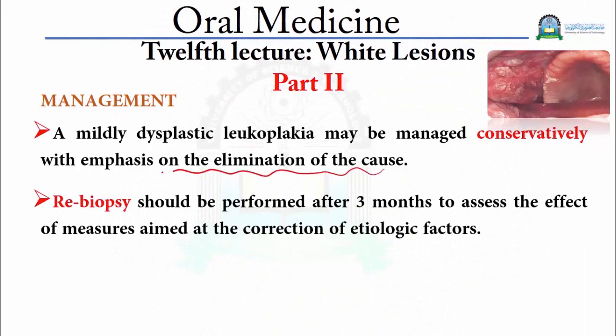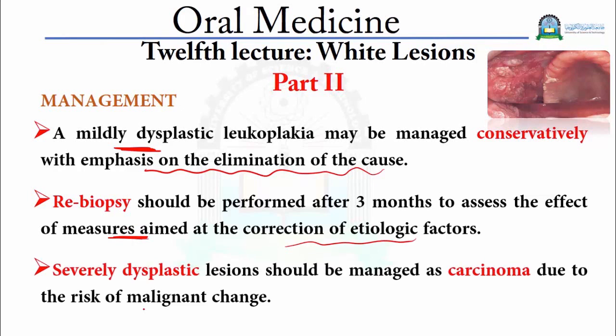So from the history you will find the cause of this leukoplakia lesion and instruct the patient to stop his or her habit. If you perform a re-biopsy after 3 months, you need to assess the effect of the measures you performed on your patient for correction of the etiological factor.